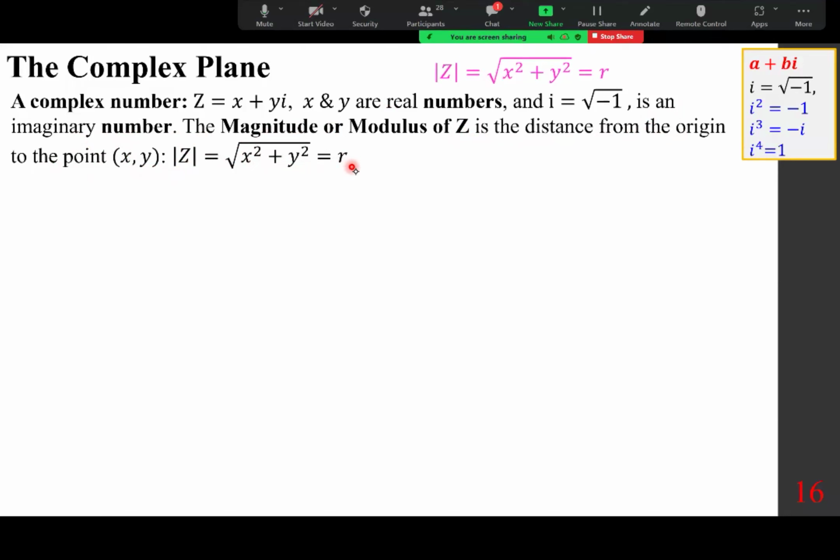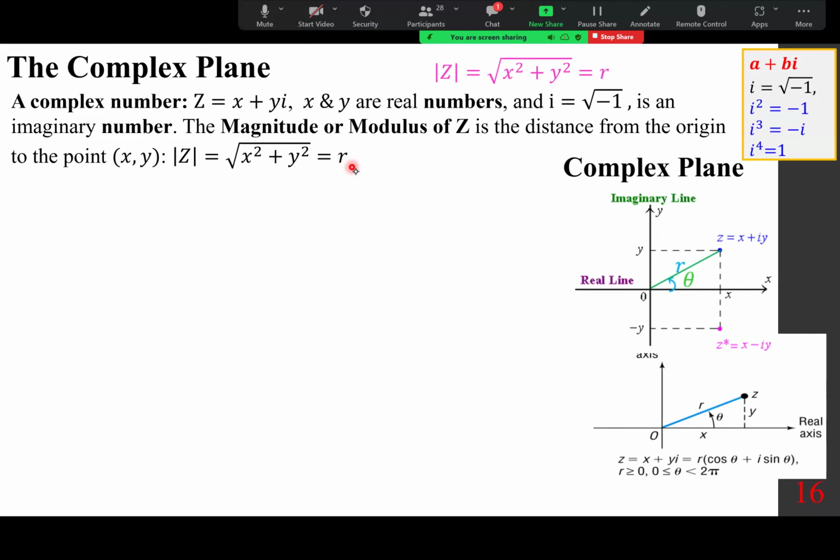We will discuss this with more details later, but for now, here's a complex plane, the x-axis or the real line, the y-axis or the imaginary axis.